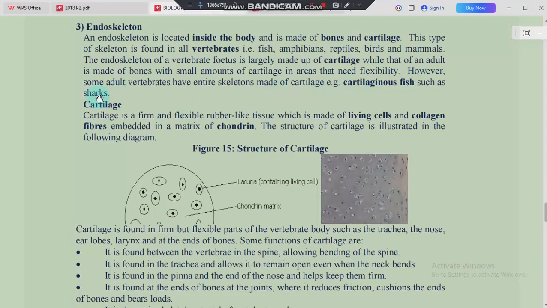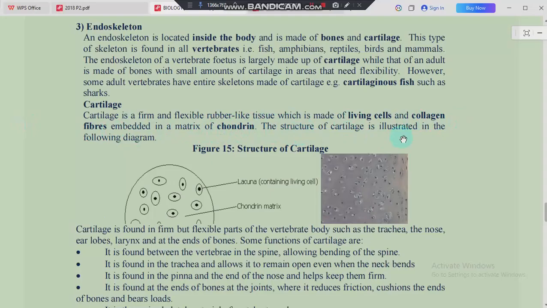The cartilage is found throughout the whole organism. So this cartilage is simply a firm and flexible rubber-like tissue which is made up of living cells and collagen fibers. So these collagen fibers and also the living cells are embedded in a matrix which we call the chondrin.